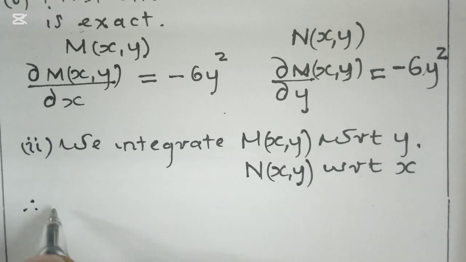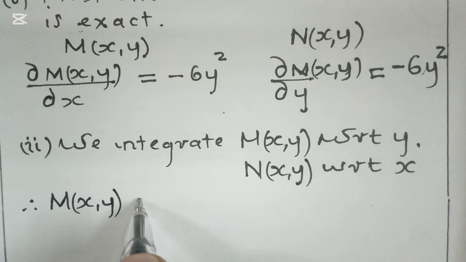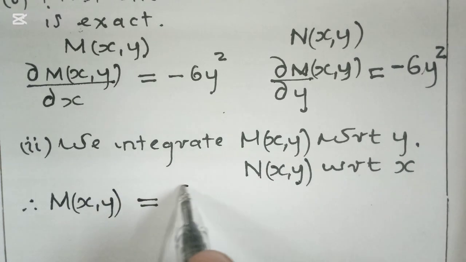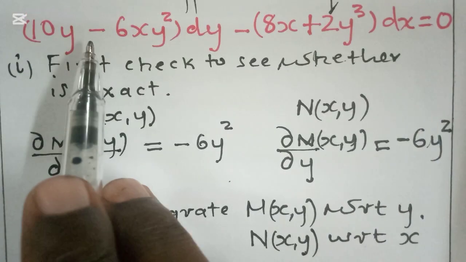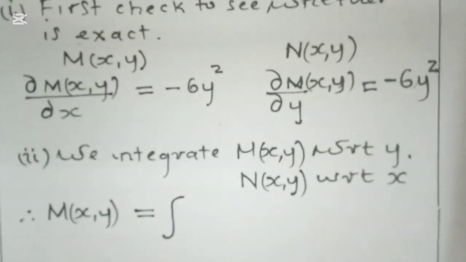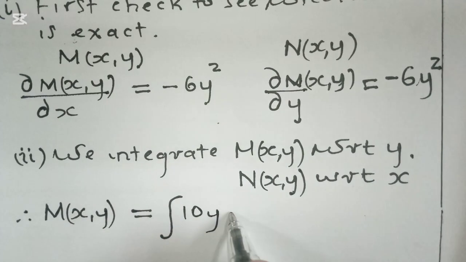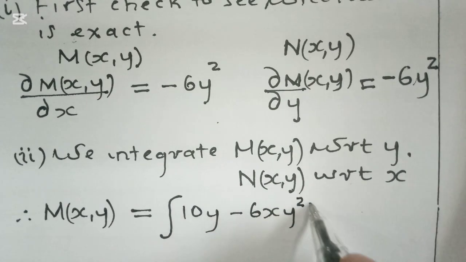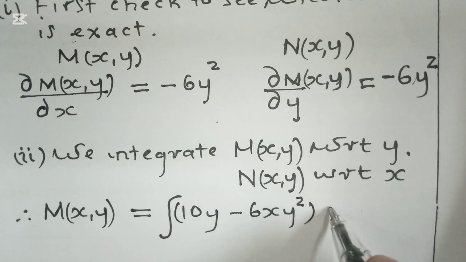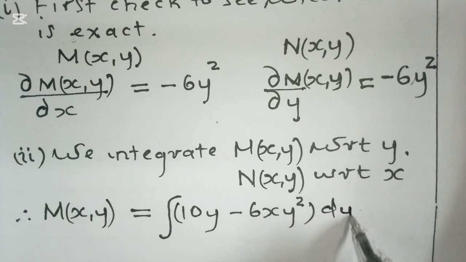Therefore, M with respect to y, we integrate that. This is now going to be the integral of 10y minus 6xy squared. We integrate that with respect to dy, that is with respect to y.